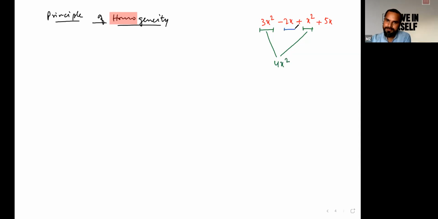Similarly for this part and this part, these two terms contain x and x. So we have minus 2x and plus 5x, so it will become plus 3x. So the idea behind this is nothing but like terms will be added or subtracted.